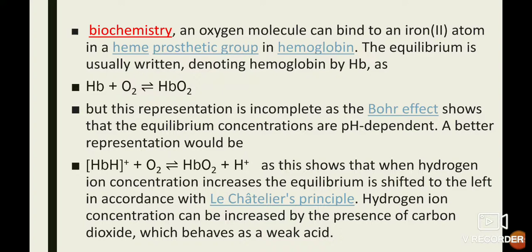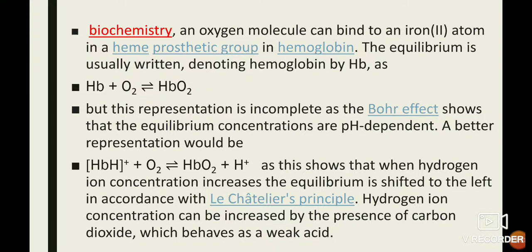Carbon dioxide reacts with water to form carbonic acid, H2CO3. An increase in carbon dioxide results in a decrease in blood pH, meaning H plus ion concentration increases, resulting in hemoglobin proteins releasing their load of oxygen.